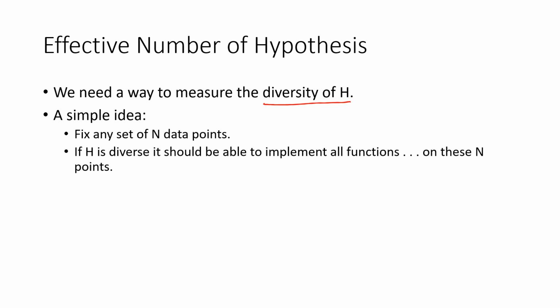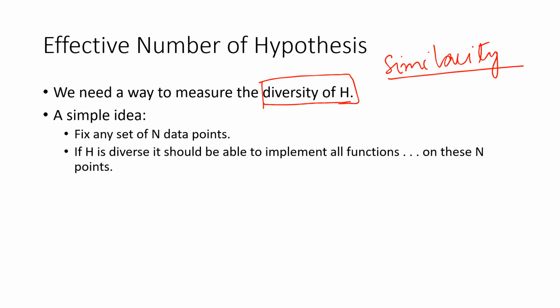Otherwise, they are not. Diversity is just the opposite of similarity. We cannot go ahead with the similarity measure, because we can have infinite hypotheses and then we have no error bar, and then there's no meaning to that generalization bound, right? So somehow we have to come up with a measure of the diversity of H.